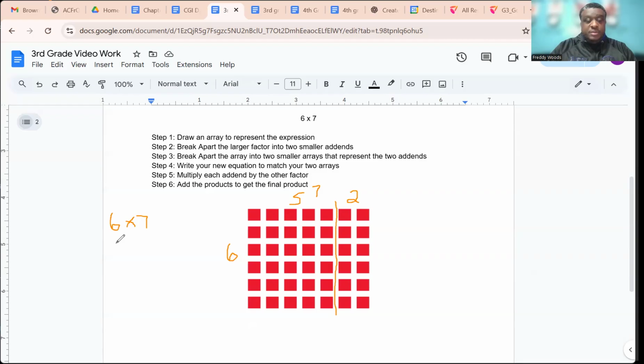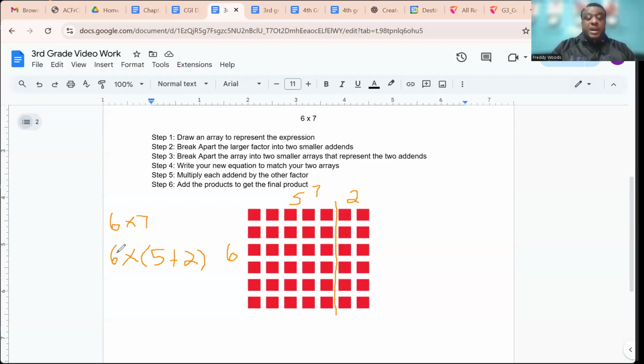And I broke that up into 6 times, and then I broke apart the 7. That's how I'm going to distribute. 5 plus 2. Those parentheses.